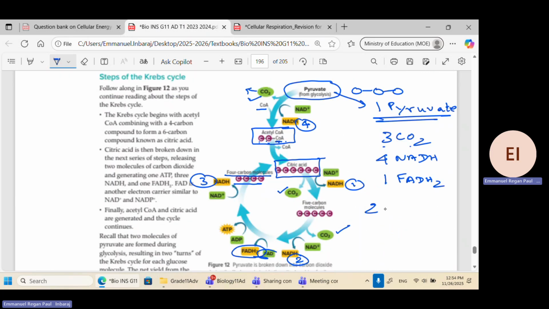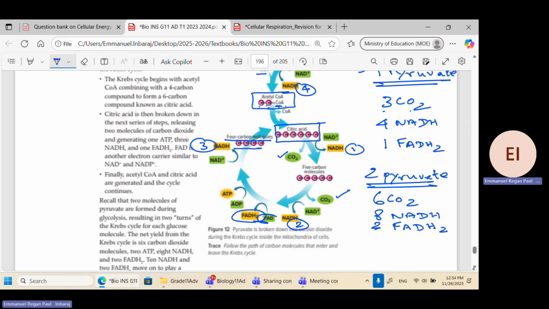So if it is 2 pyruvate together, how much will they produce? You just multiply this by 2. So they produce 6 CO2 because 3 times 2, 4 times 2 is 8 NADH, and 2 FADH2. This is very, very important.